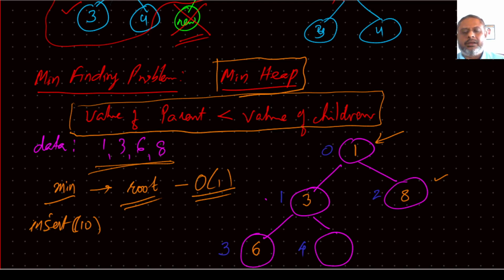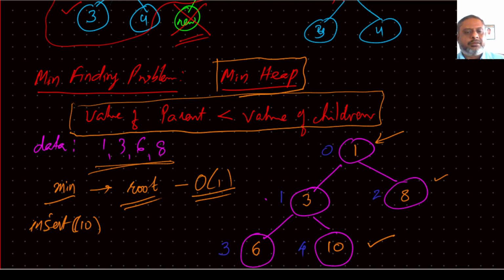You can't add any other way. It has to be at location 4 only. Now can I write a 10 here? Yes, 10 is greater than 3. So 10 can be a child of 3, no issue. So that's not a problem.